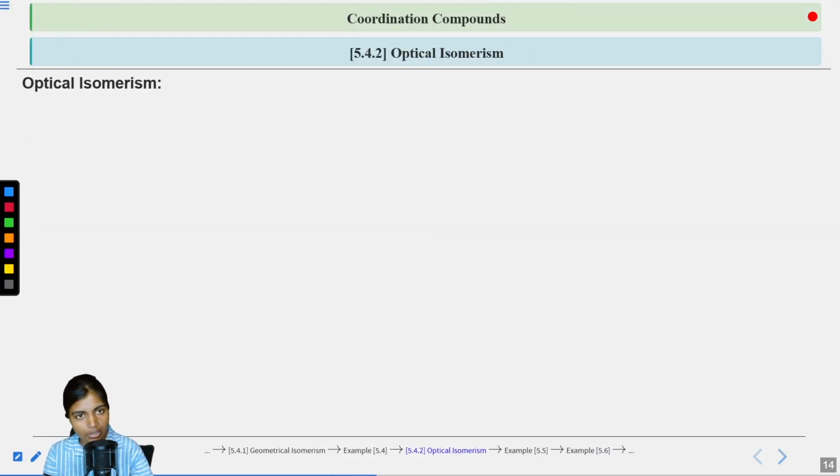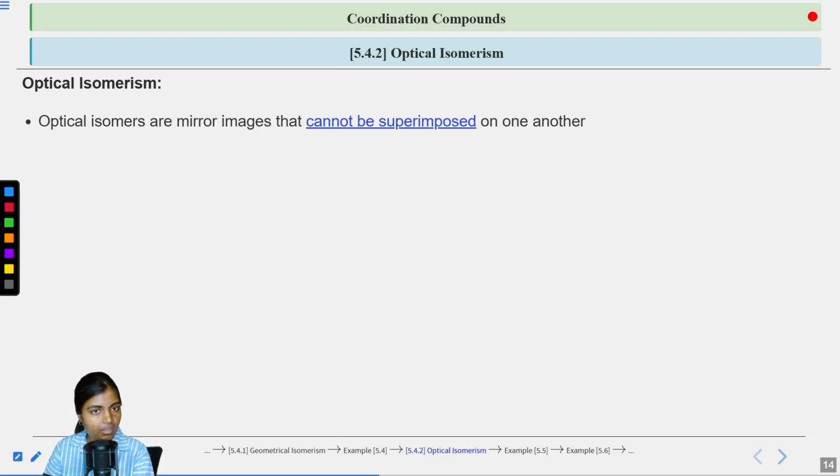So let's shift to our next subsection, 5.4.2, optical isomerism. Optical isomers are mirror images that cannot be superimposed on one another.